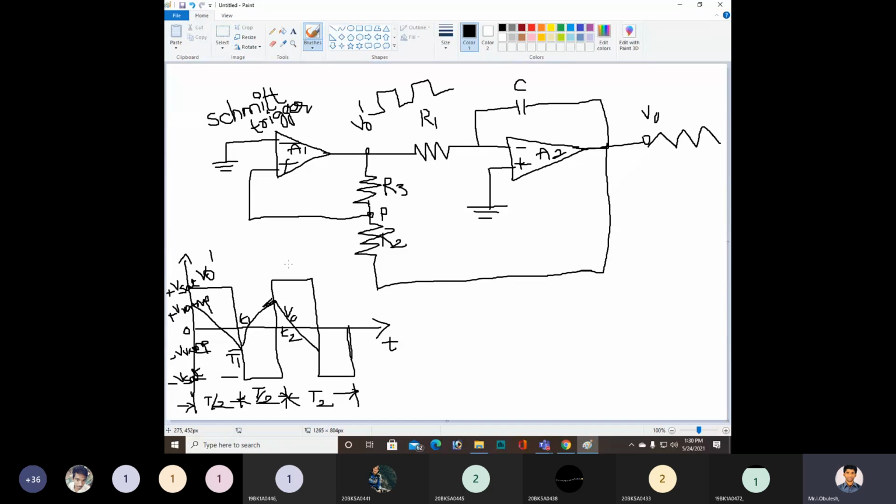During the time when the output of A1 is minus V saturation, the output of A2 increases in the positive direction until it reaches positive V ramp.